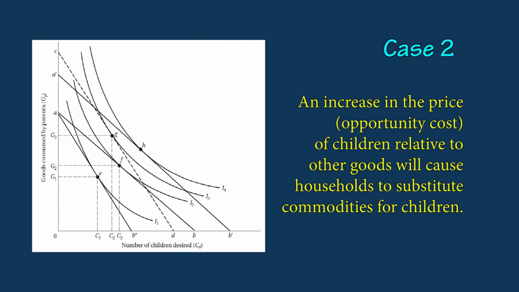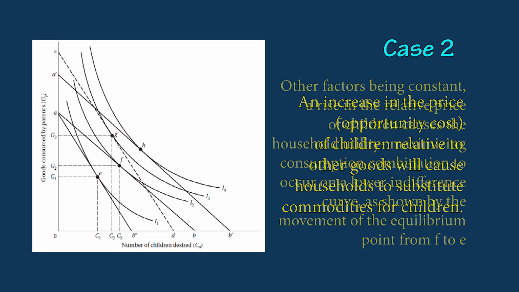Now we are going to discuss case 2. Case 2 is about an increase in the price or opportunity cost of children. Price of children means the cost of raising children relative to other goods, which will cause households to substitute commodities for children.